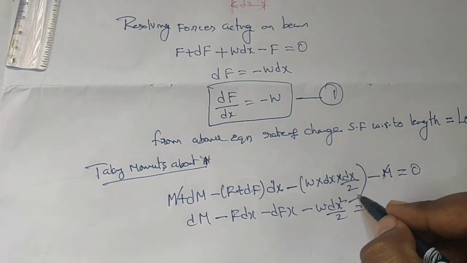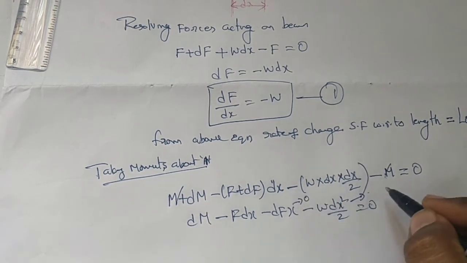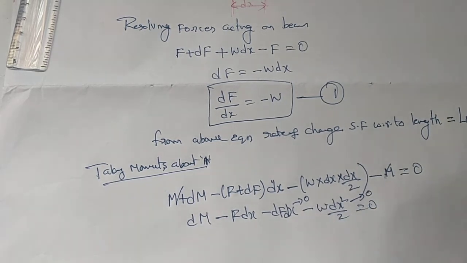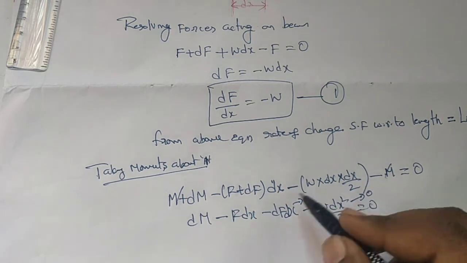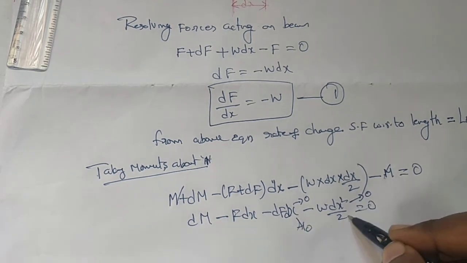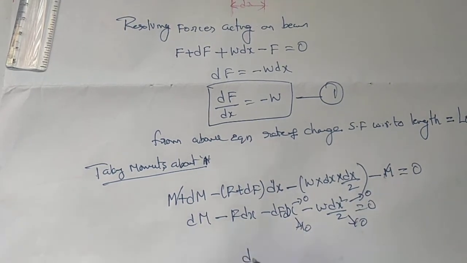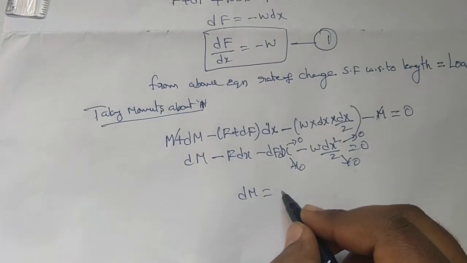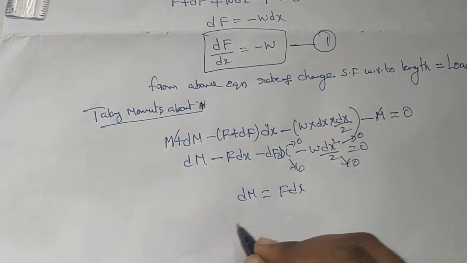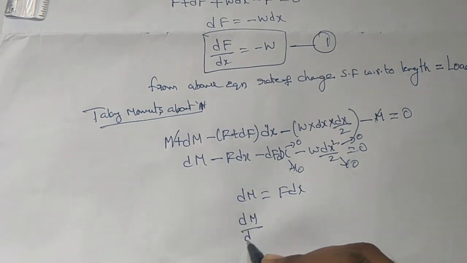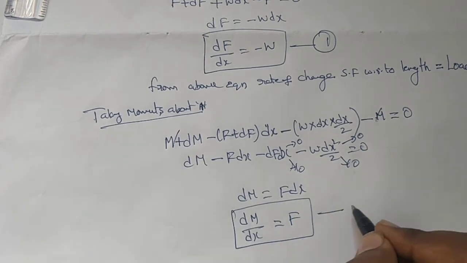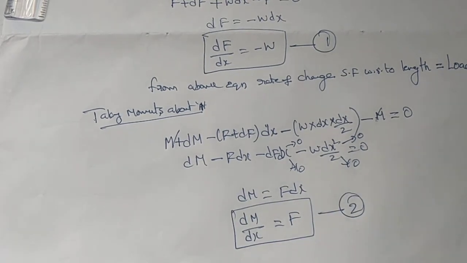Here dF into dx is a very small value, so these terms become 0, and this one also 0. The remaining is dM equals F dx, so dM by dx is equal to F. It is the relation between bending moment and shear force.